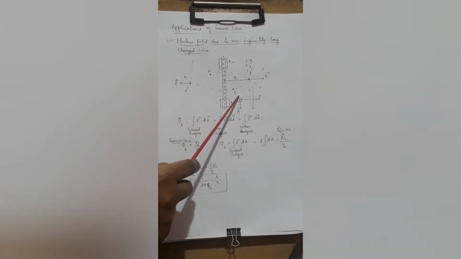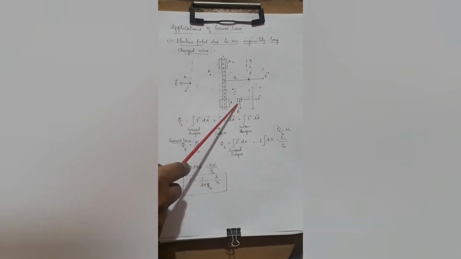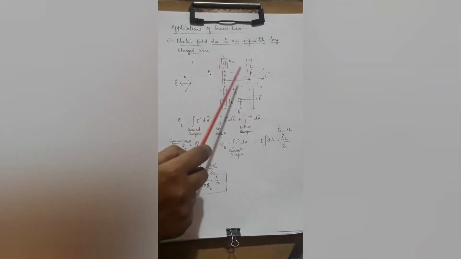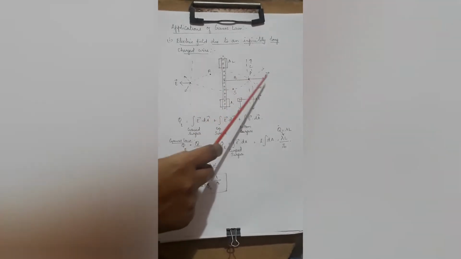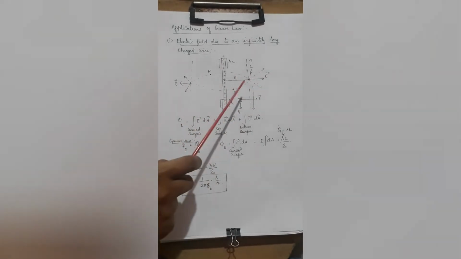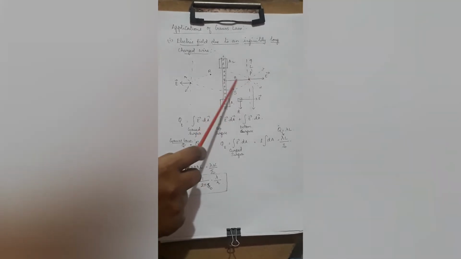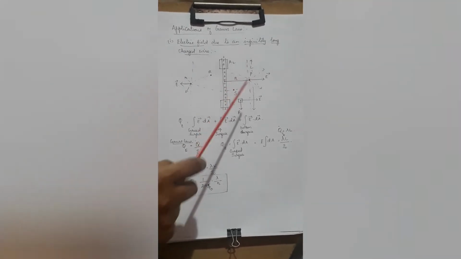There are two Gaussian surfaces here; I have drawn one here. You can see that. Then the electric field, if it is positive, will always be away from it, away from here, this side. So I am going to consider a point P which is at a distance of R. So phi E, what is this phi E?